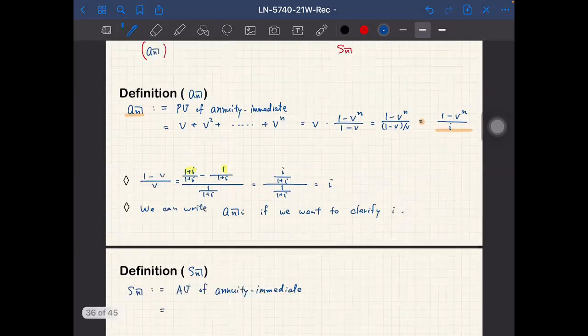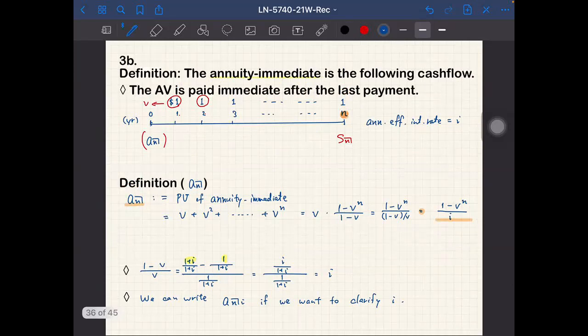Then actually, if we have the formula for a angle n, the formula for s angle n is not difficult because we have just an n year difference. An n year difference means that we have to multiply by (1 plus i) to the power n because the annual effective rate is i.